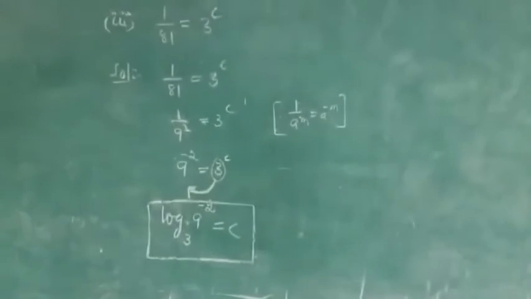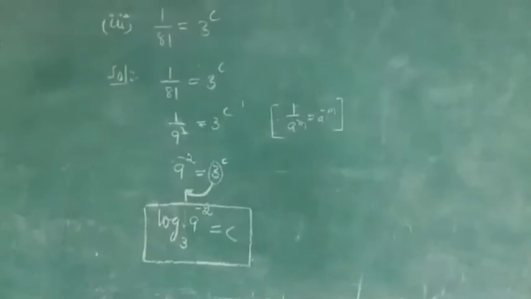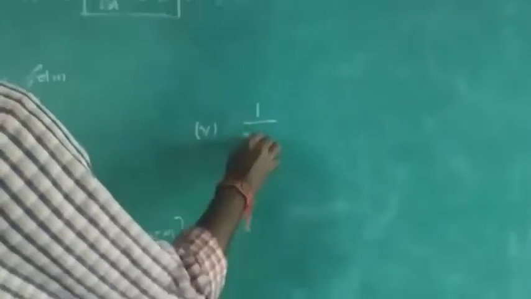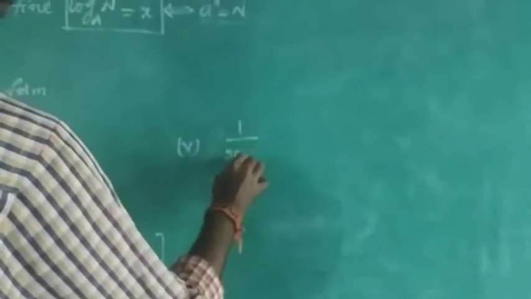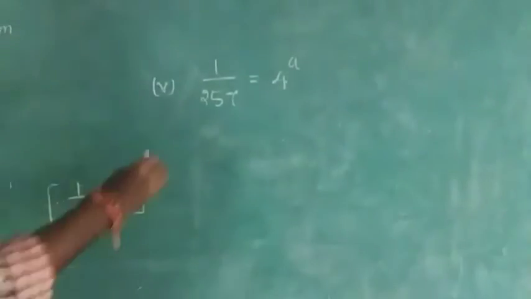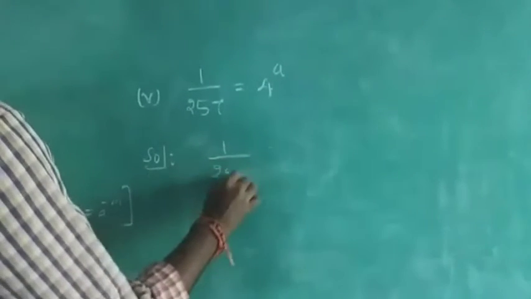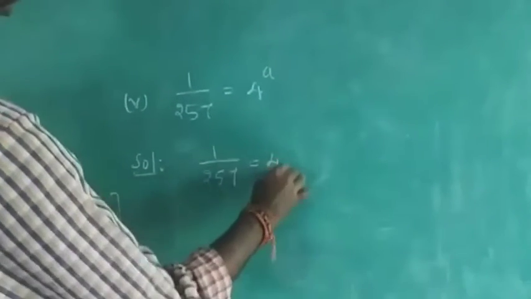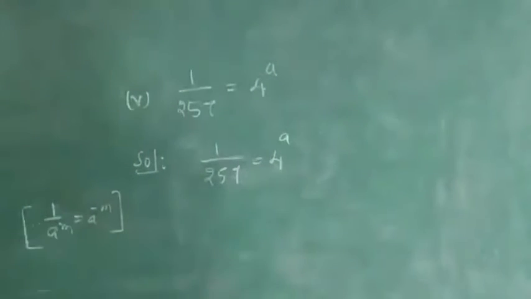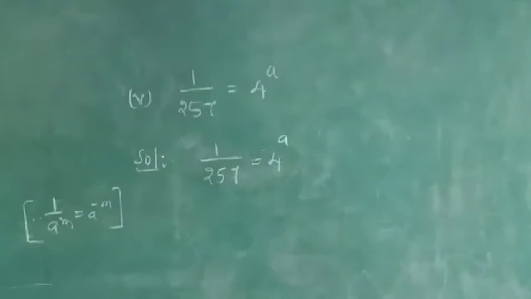Similarly, I would like to explain one more problem, the fifth problem. What is the fifth problem here? 1 by 257 is equal to 4 to the power of a. See, what is the question? 1 by 257 is equal to 4 to the power of a. Then how can you do this one?